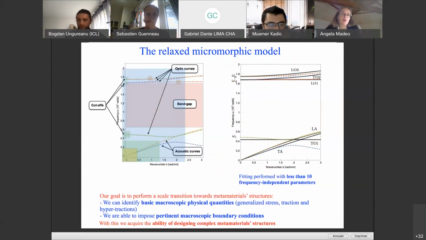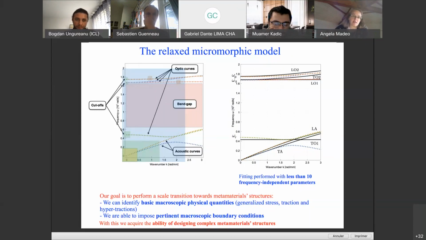Our goal here was to say, can we find an enriched continuum model that is able to describe a sufficiently interesting range of frequencies, so that includes the band gap, for example, and which is simple enough, so which consists of few enough parameters to be handled and to try keeping a physical insight in the mechanics of the material itself.